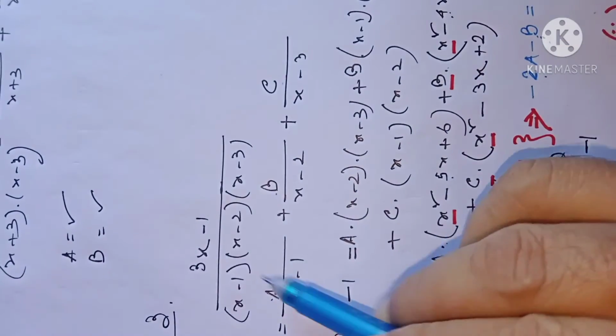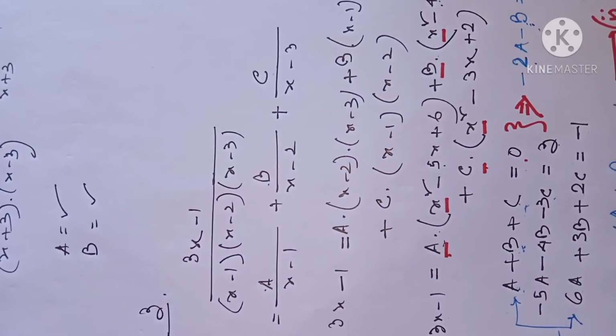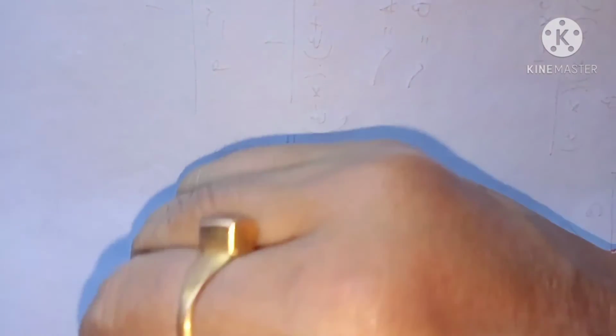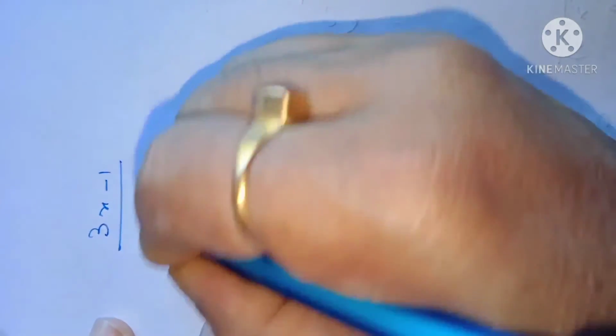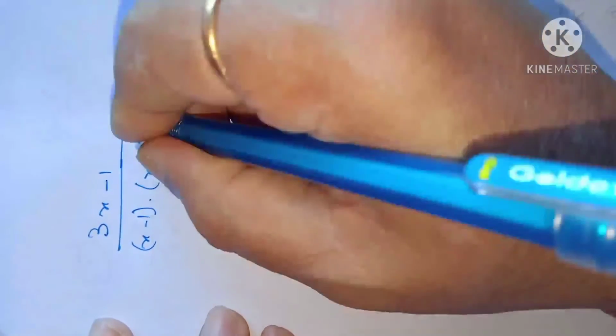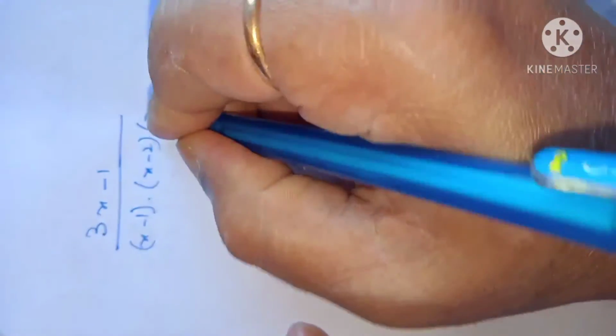Now you put them here and the whole expression will be now. So it was 3x minus 1 by x minus 1 into x minus 2 into x minus 3.